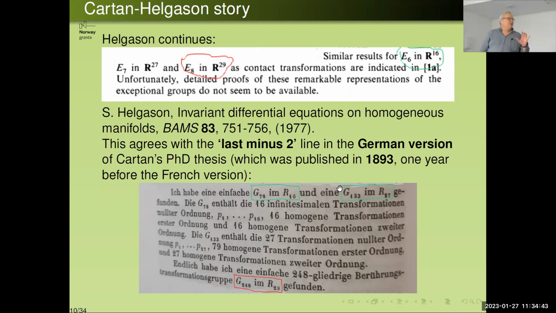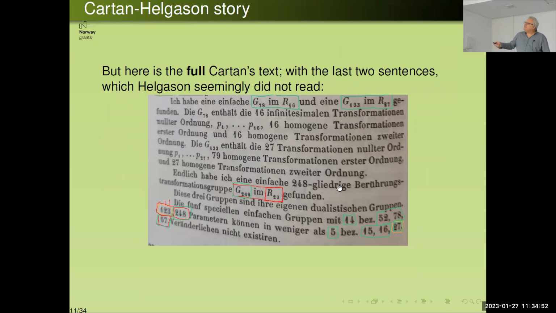That's what the sentence number n-2 in his thesis says. And then the sentence number n says that the five exceptional groups can be realized in no lower dimension than 5, which is G2.